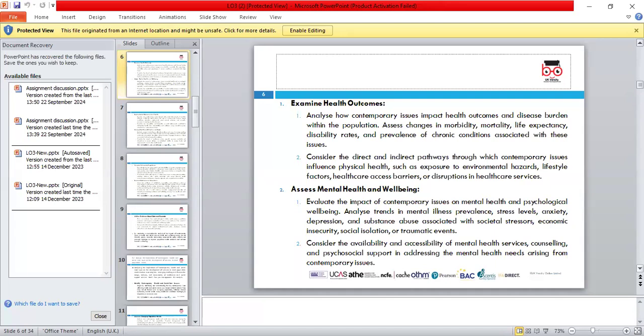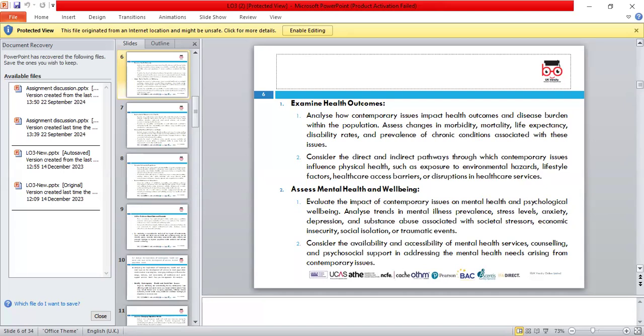And then also consider the direct and indirect pathways through which contemporary issues influence physical health, such as exposure to environmental illness, lifestyle factors, healthcare access barriers, or disruptions in healthcare services.